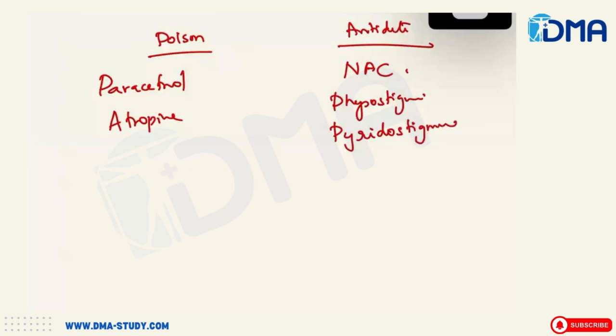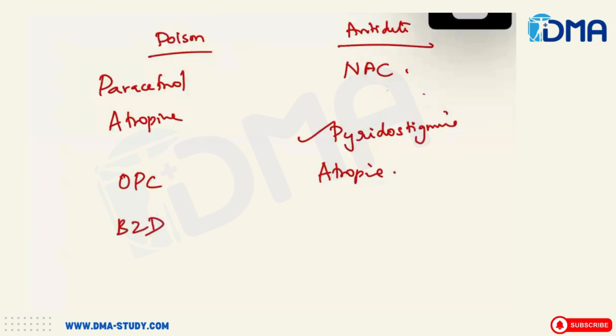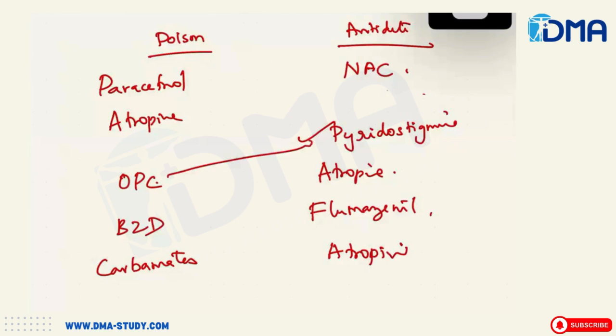We nowadays use pyridostigmine only. Then organophosphates, antidote is atropine. Benzodiazepines, antidote is flumazenil. Carbamates, antidote is atropine. Right?